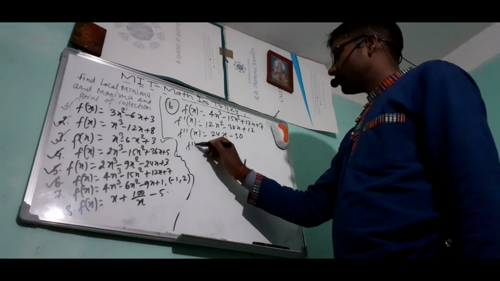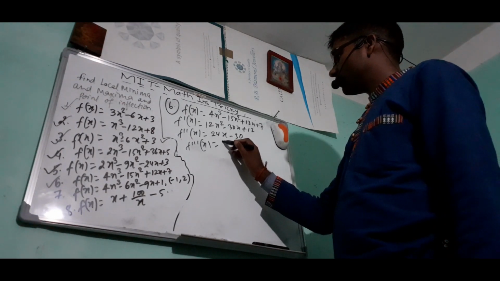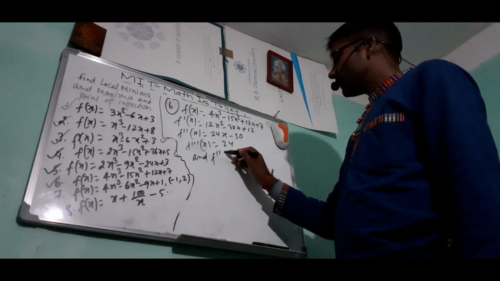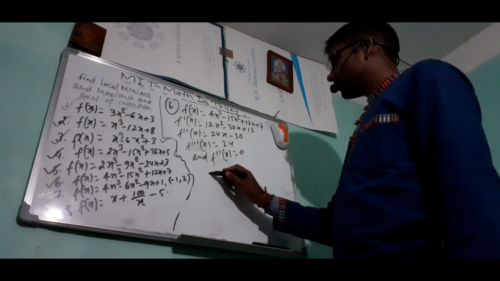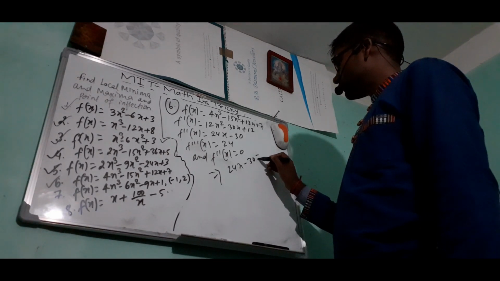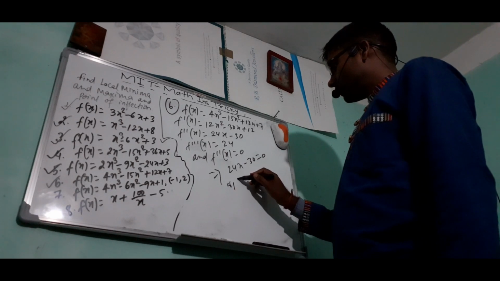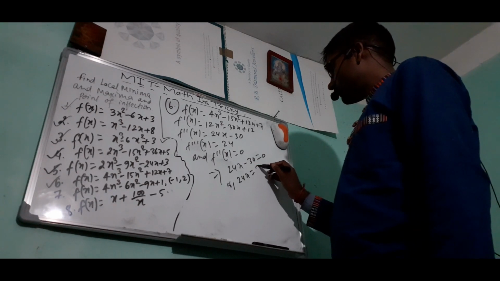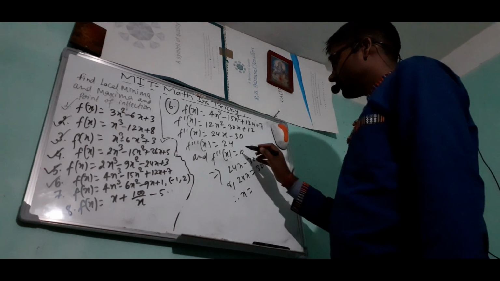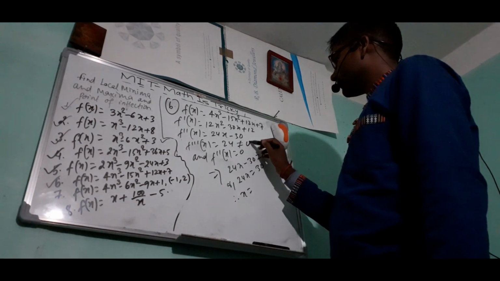Let's find the third derivative also. The third derivative is 24, and f''(x) equals 0 implies 24x minus 30 equals 0. So 24x equals 30. Therefore x equals how much? The third derivative is not equal to 0.